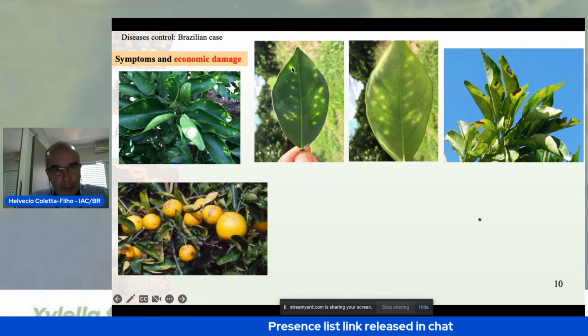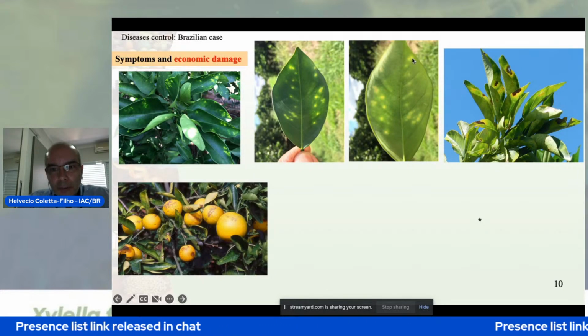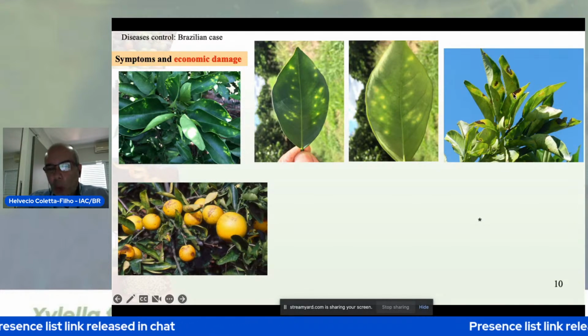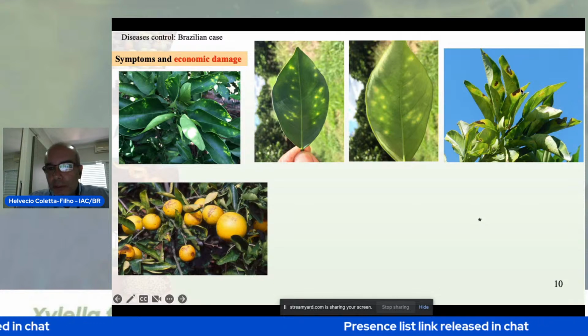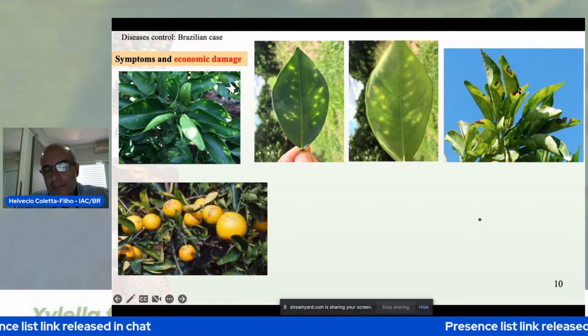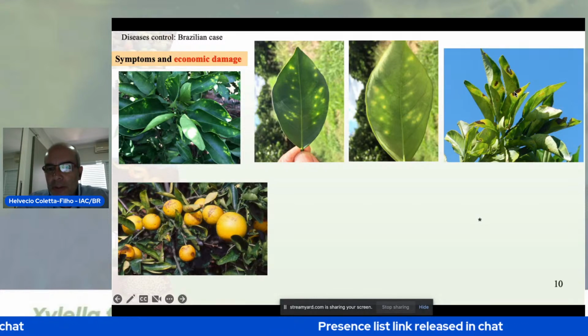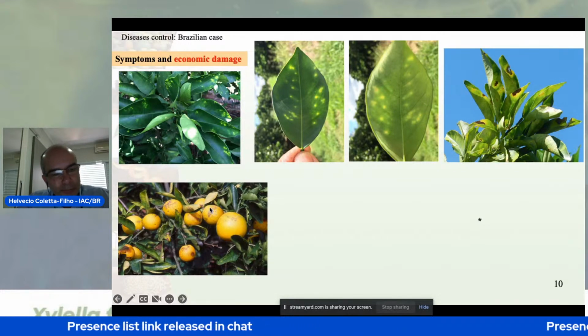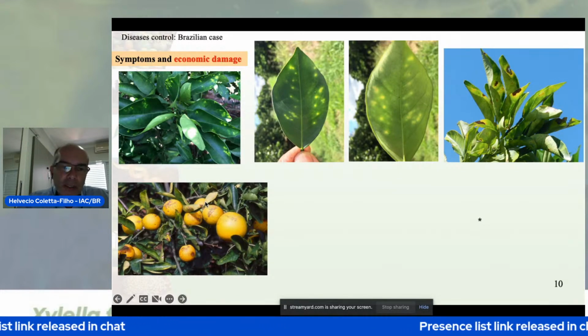You have small yellow spots with a brownish lesion inside, and when the disease is severe the spots coalesce. You can see the coalescence, like a brown scorched lesion, but it is not.